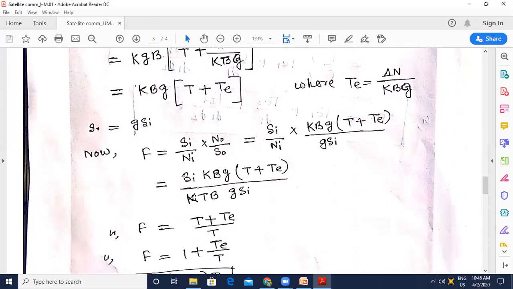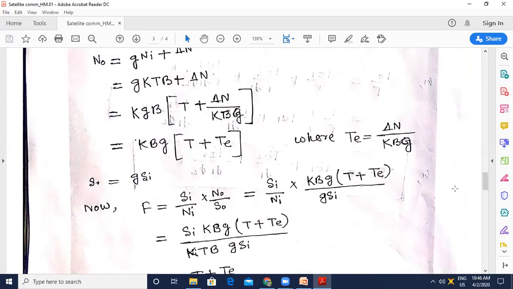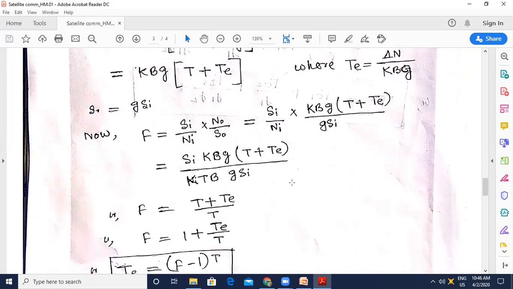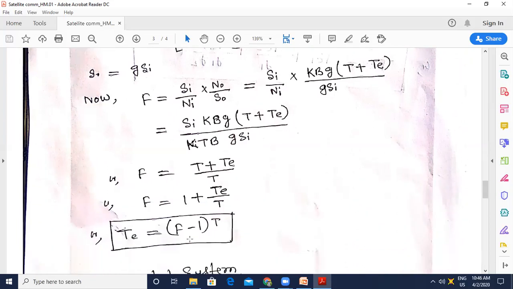Now if we equate with the noise figure, F is equal to input signal-to-noise ratio divided by output signal-to-noise ratio. If we put the value of N0 here and simplify, we'll have the noise temperature equal to (F minus 1) into the temperature T.